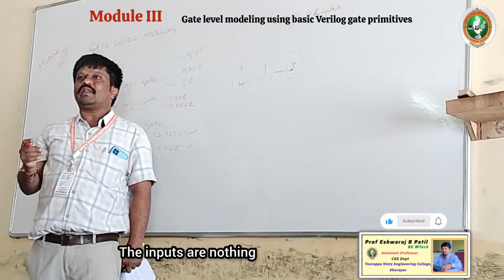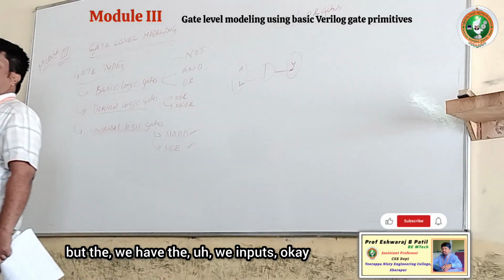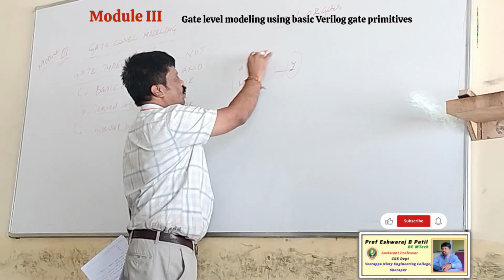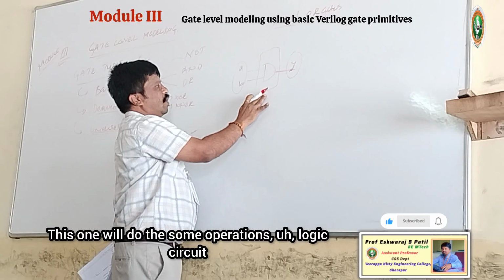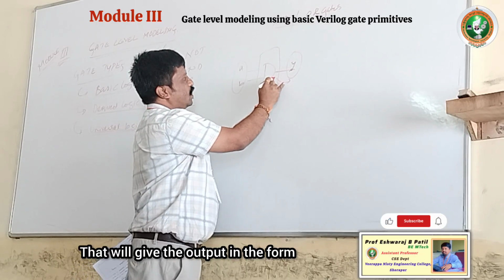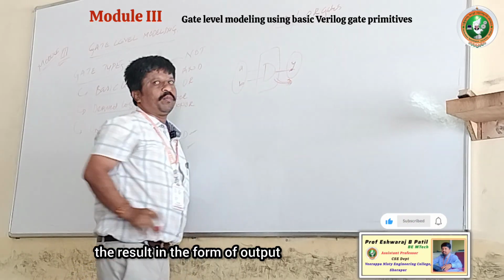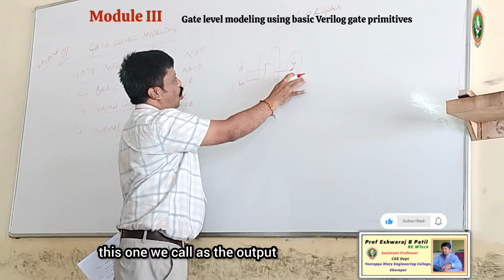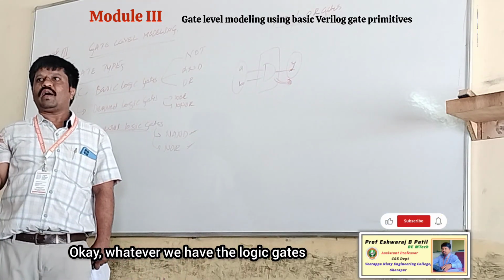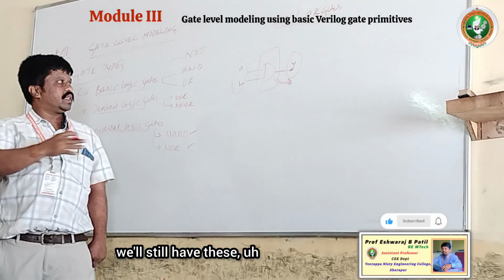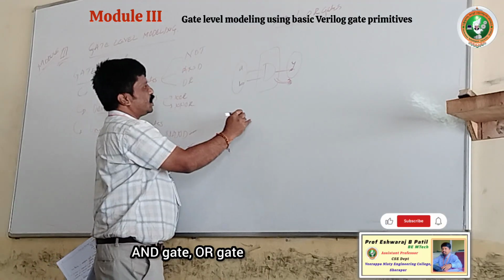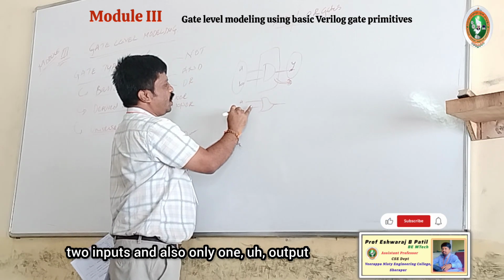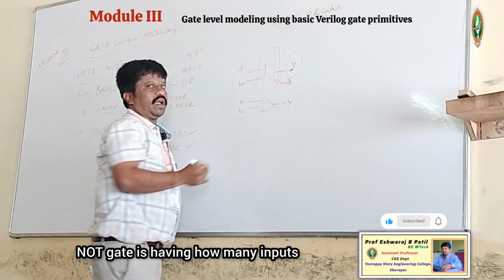The inputs are the variables on which the logic circuit performs some operation and gives the result in the form of output. This we call the inputs, and this one we call the output. Whatever logic gates we have, take the AND gate and OR gate. The OR gate also has two inputs and only one output. How many inputs does the NOT gate have?